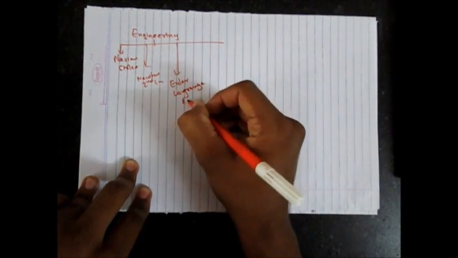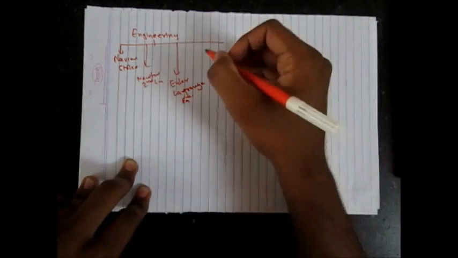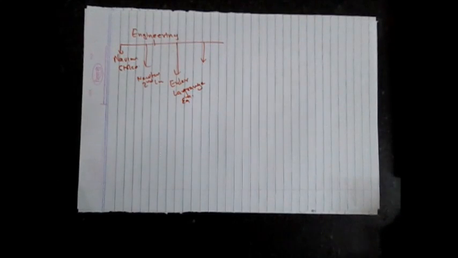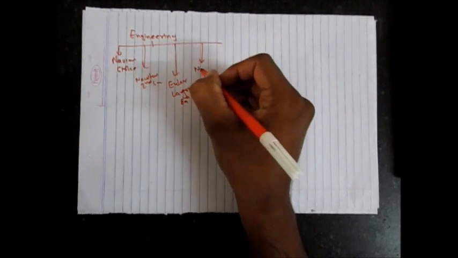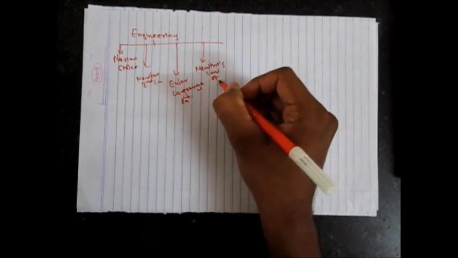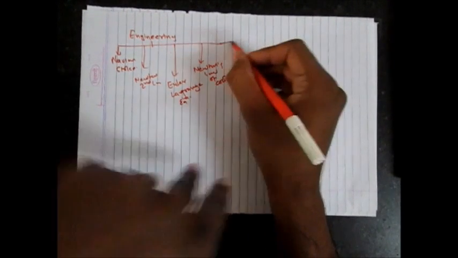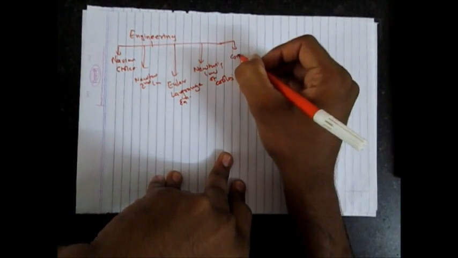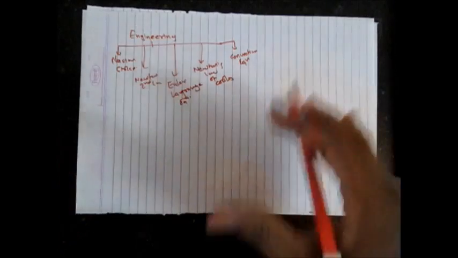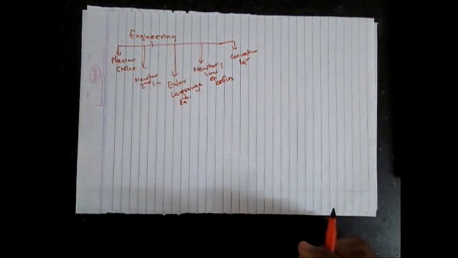Except that, you might have seen in the heat and mass transfer subject Newton's law of cooling. Except that, you might have seen the convection equations. These are some of the applications in the field of engineering of the differential equation.